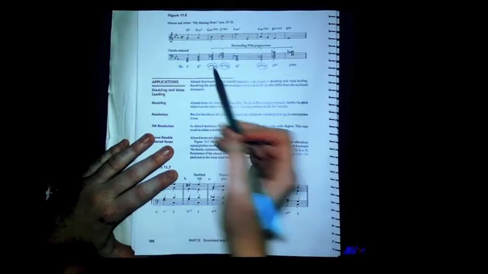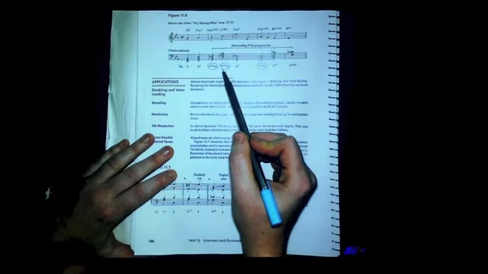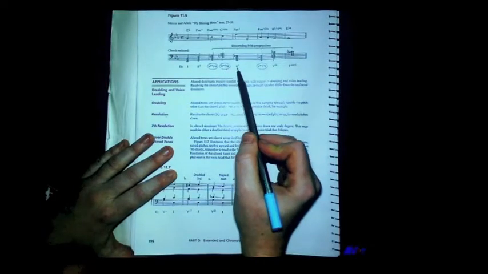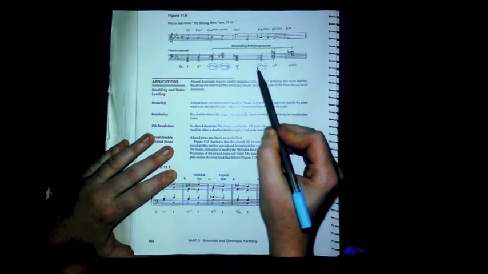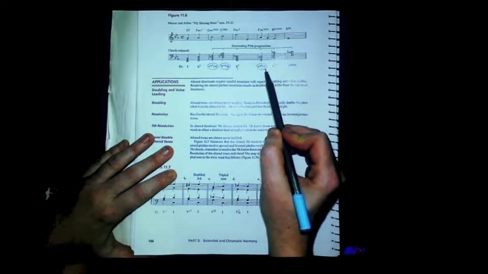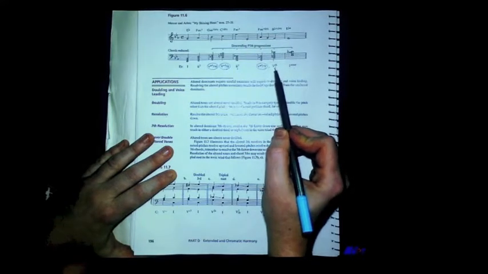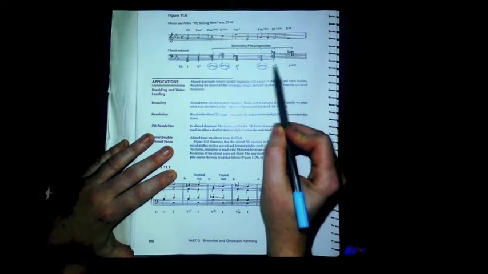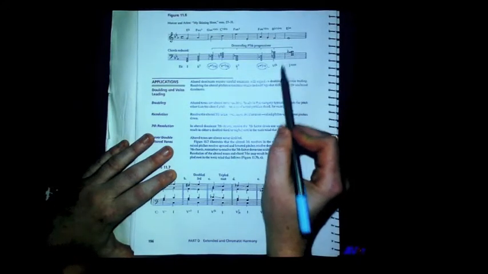All right? And then here you can see an augmented 7 of 2, resolving to 2. A diminished 5 is 5, resolving to 5, eventually with a lowered 9th, actually. And then finally we resolve to 1.